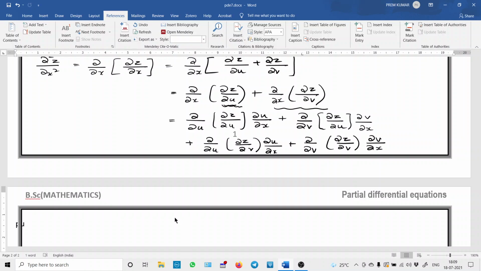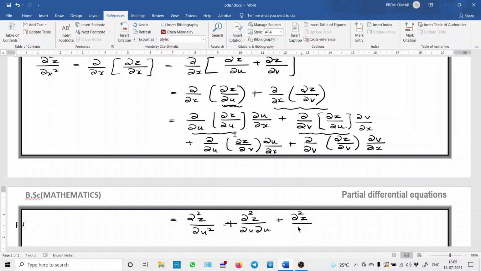Now we substitute the values. So this is nothing but ∂²z/∂u² into ∂u/∂x, which is 1, plus ∂²z/∂u∂v or ∂²z/∂v∂u into ∂v/∂x, which is also 1, plus, to avoid confusion we can write it in the same order, ∂²z/∂u∂v and ∂u/∂x is 1, plus this term ∂²z/∂v² into 1.